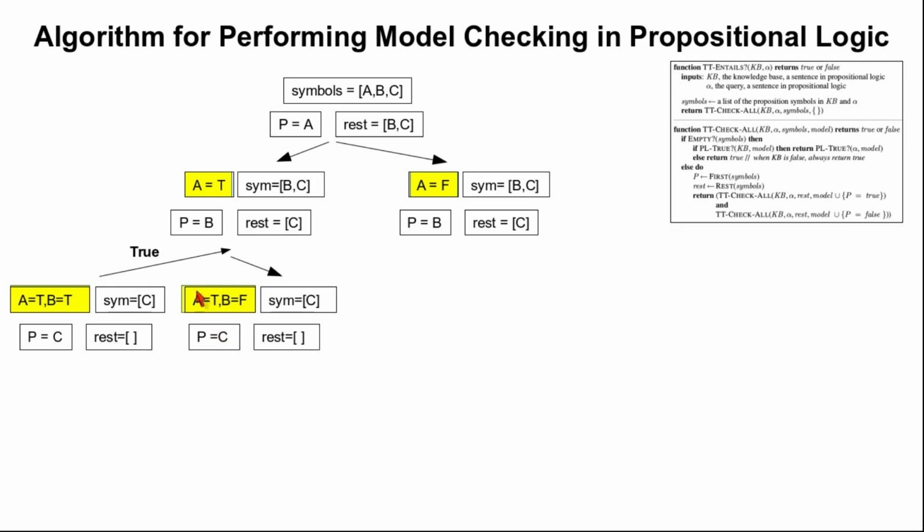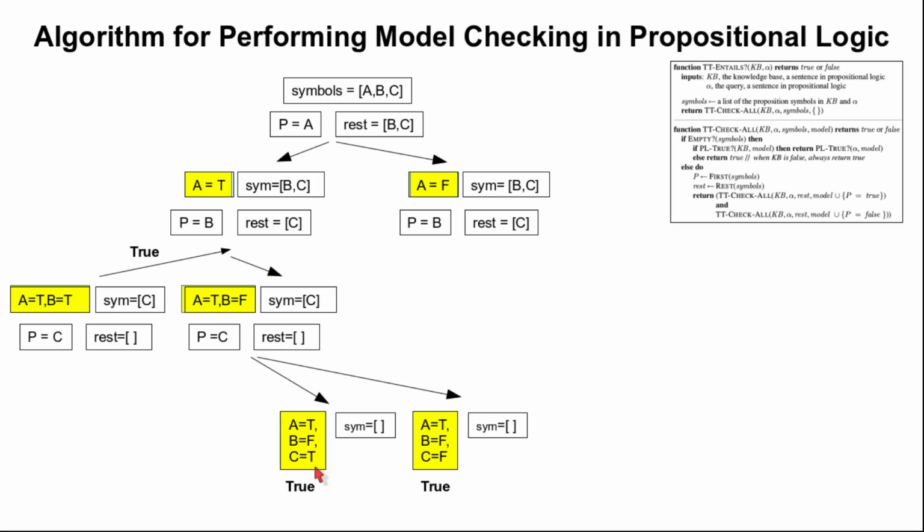again, this was our partial model, and this time P is equal to C. So we will increment this partial model to include C equal to true and C equal to false. So our models become A equal to true, B equal to false, C equal to true, and A equal to true, B equal to false, C equal to false. Then we will evaluate our knowledge base on this model. If the knowledge base is true, we will check whether alpha is true or not.